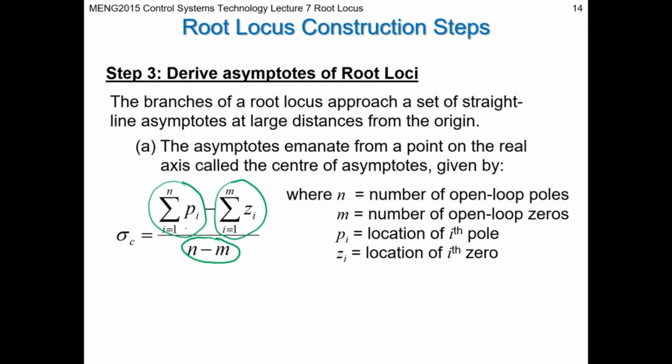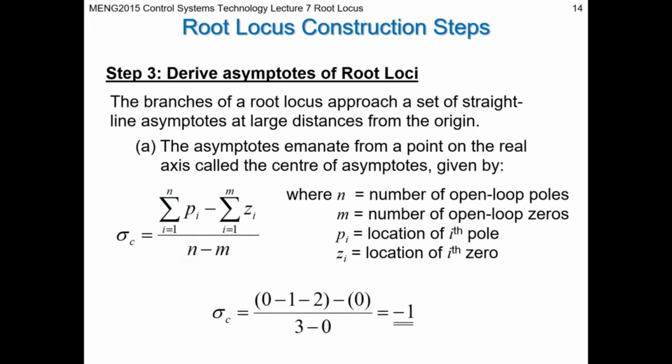So we sum between 1 and n, where there are n poles. We sum between 1 and m, where there are m zeros. And then we subtract the number of zeros from the number of poles. That gives us a numerical value, which is the center of the asymptotes.